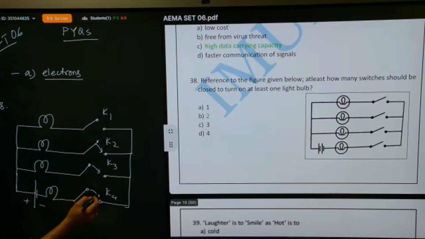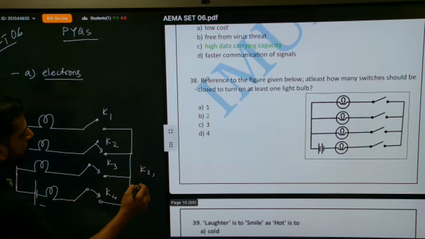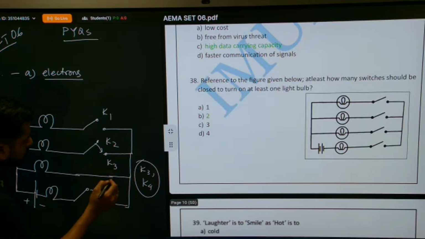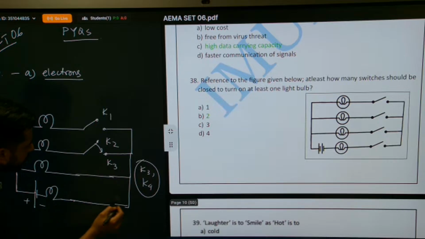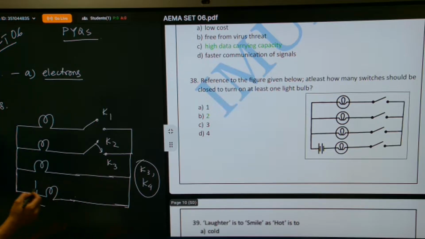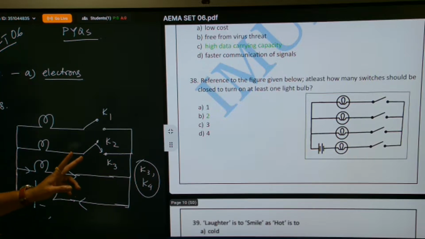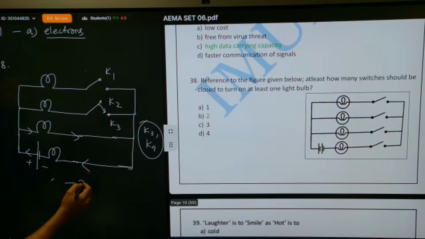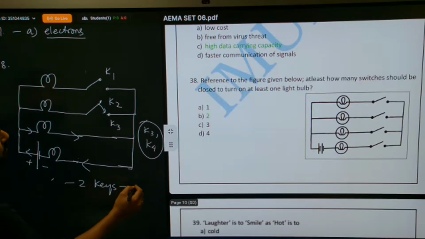Now if you join K3 and K4, only then the circuit will be closed. Then the current would only pass through the lower loop. So at least there should be 2 keys at on position to give you the closed circuit. So how many keys we need to connect? 2 keys. So it is option B.